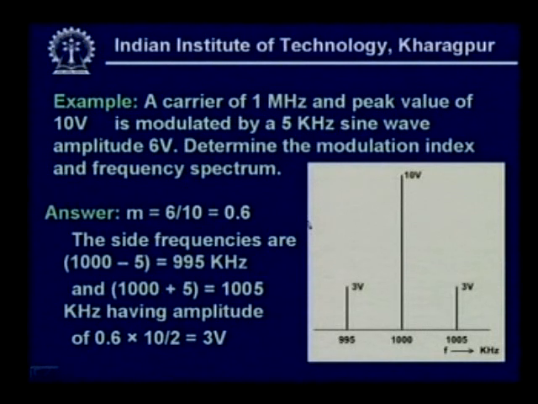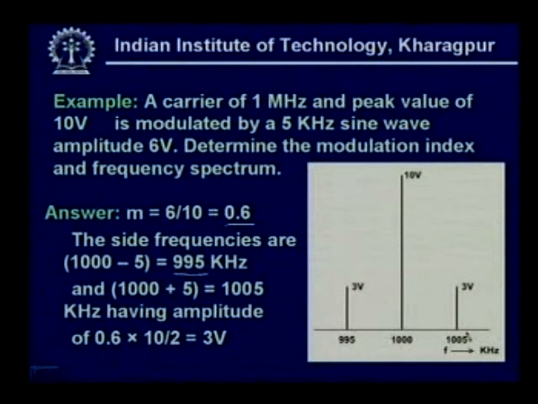So, this is shown in this particular diagram. Here we see the modulation index as we calculated, 0.6, and the side frequencies are 995 kilohertz and, since we are modulating with a sinusoidal, the other frequencies are not there. We shall get 3 frequency components: 995 kilohertz, 1000 kilohertz and 1005 kilohertz.